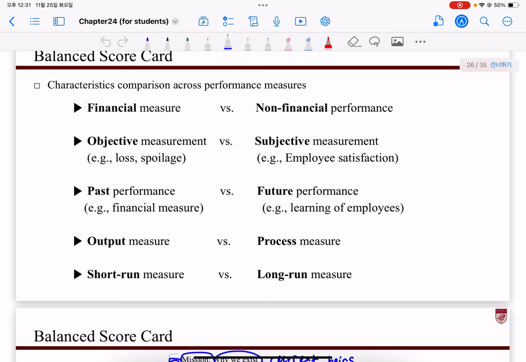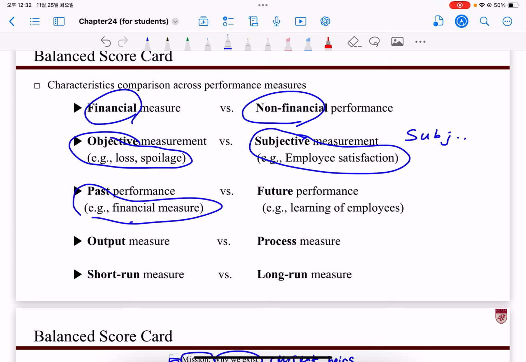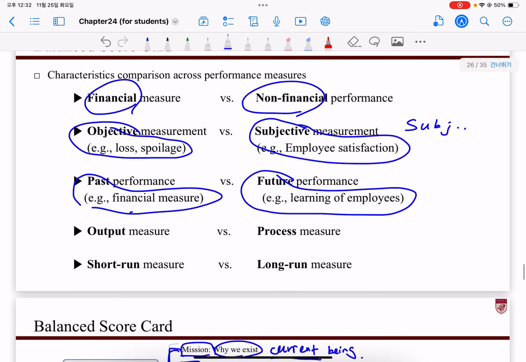Okay, so balanced scorecard is about not only financial, it's also about non-financial. It's not only including objective measurement, it also includes subjective ones. So you can also apply the subjective evaluation here. It's not only about past financial measures, it's also about future learning, future growth of a company.